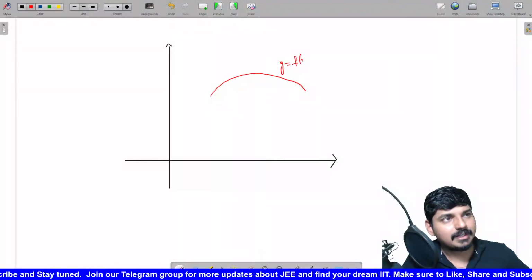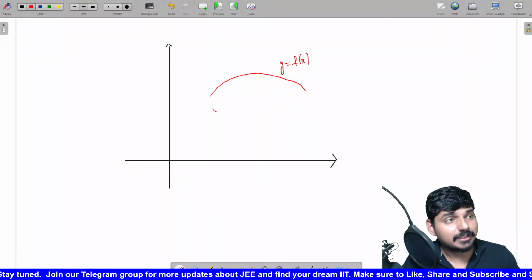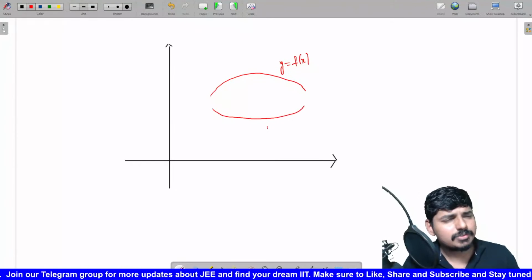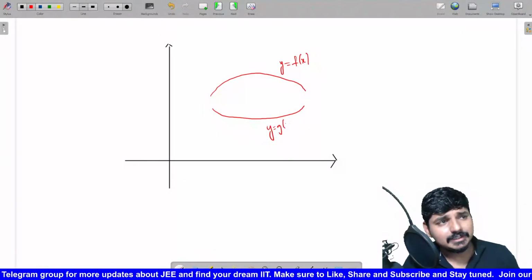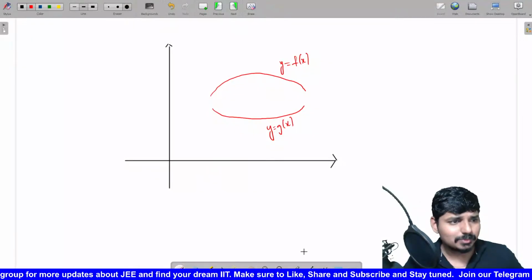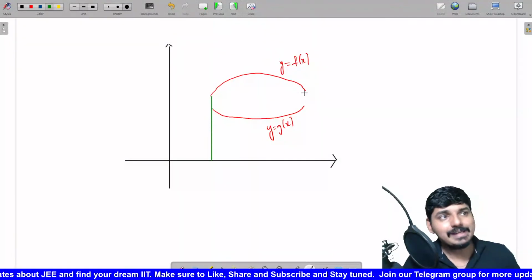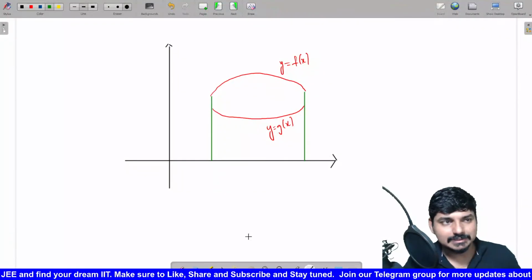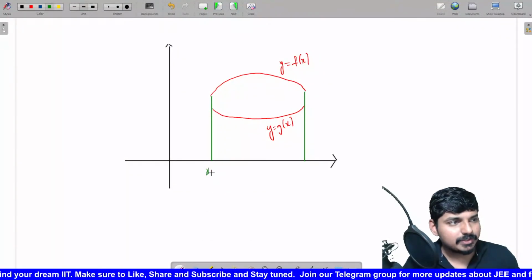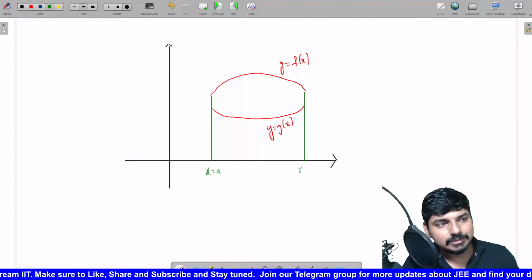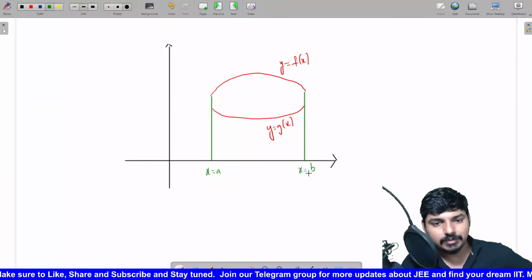Let me take another curve given by y equal to g of x. I'm taking these two curves in the interval a to b. Let us say the lower limit is x equal to a and the upper limit is x equal to b. So this is x equal to a, and this one right here is x equal to b.